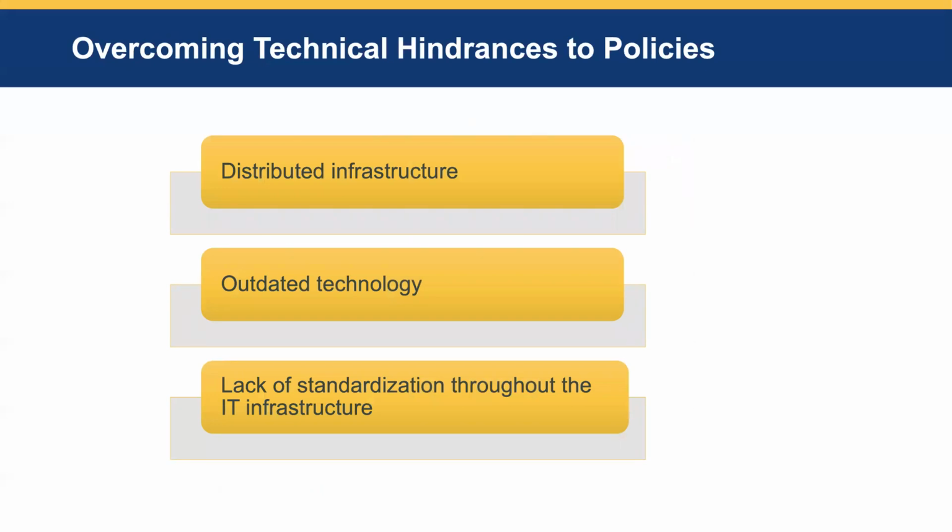It can be difficult to overcome some of the obstacles that might hinder having an effective policy in place. One of the ways this can be done is with a distributed infrastructure. Distributed infrastructure basically describes when we have various networks connected. It could be laptops, tablets, smartphones, and other components that are connected.